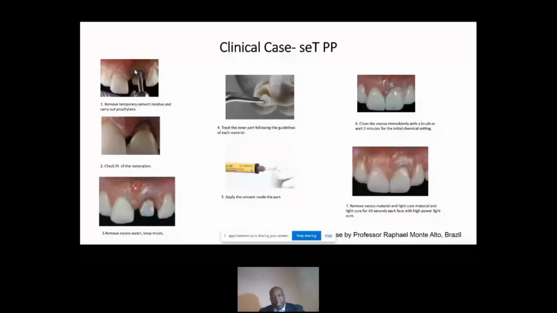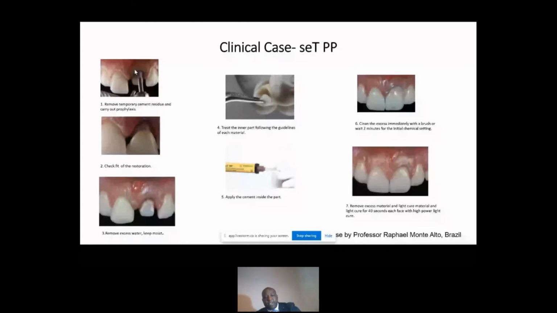Well, the first thing we need to do, and these images were kindly sent to me by Professor Monte Alto from Brazil, is take the time to remove the temporary cement and carry out prophylaxis. This is so important, that we take the time to clean the tooth. We want a clean surface before checking the fit of the restoration.